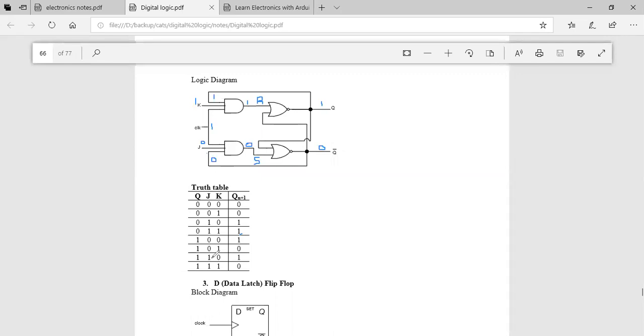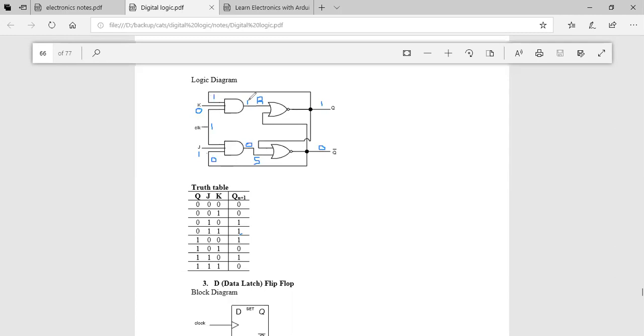So the second last one is where we change J to 1 and K to 0. So J is 1 and our K is 0. So 1 and 0 and 1? 0.